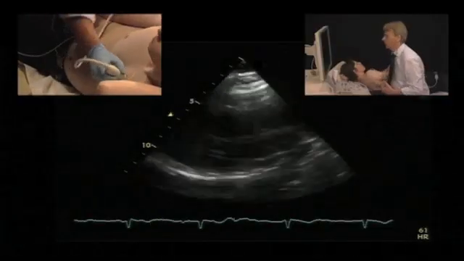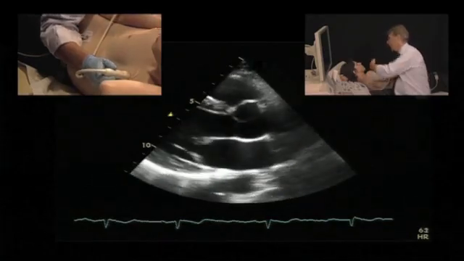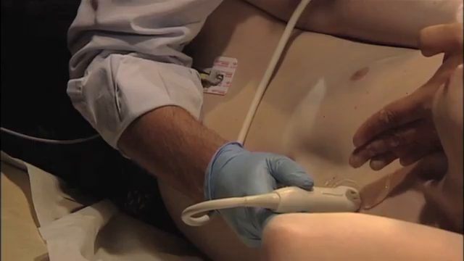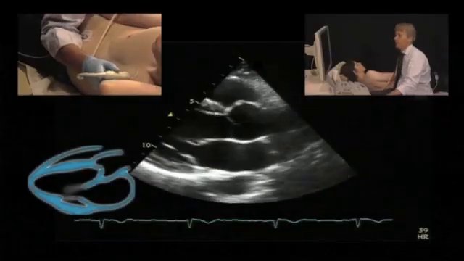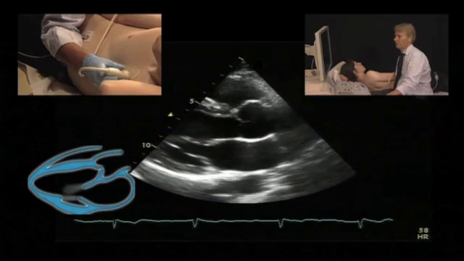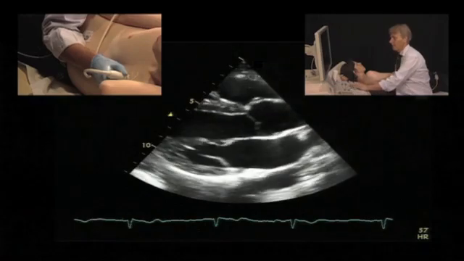Again, I'll show you the parasternal long axis view, and you can see nicely how the pointer is actually oriented towards the right shoulder, or in this case, somewhere in the region of the clavicula.